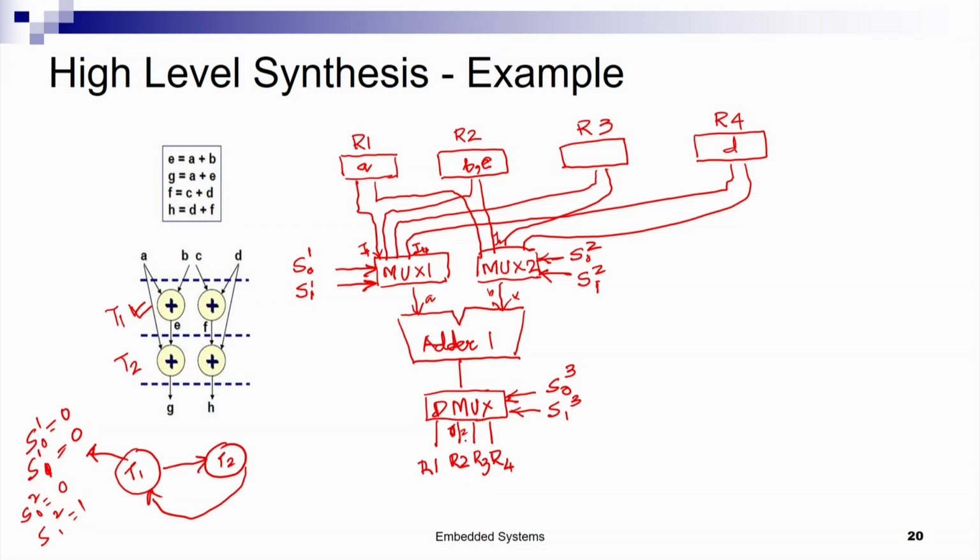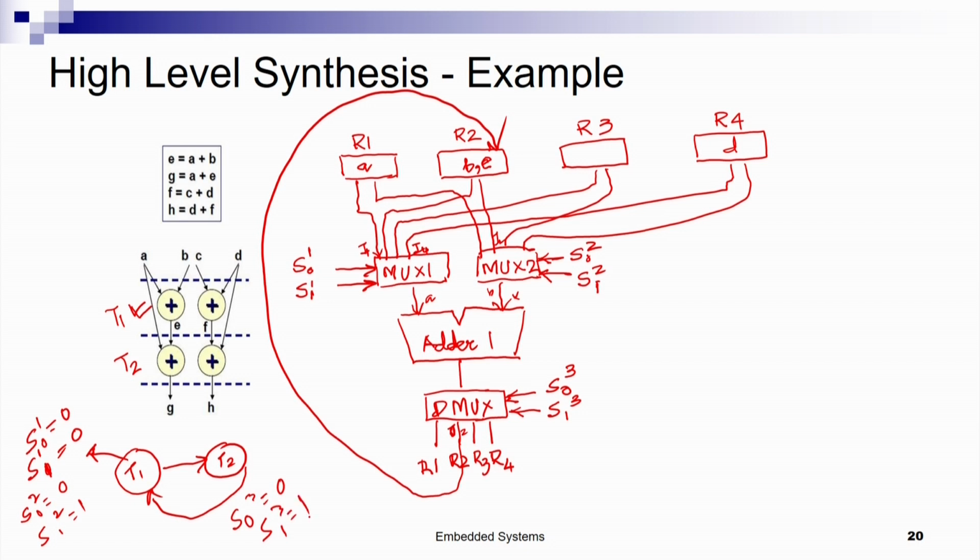We want the second output of the demux to be selected, and therefore, at T1 the select inputs S03 equals to 0 and S13 equals to 1 should be selected, because when the demux select inputs are 0, 1, the second output of the demux will be selected, and the output E will be correctly passed to register R2.